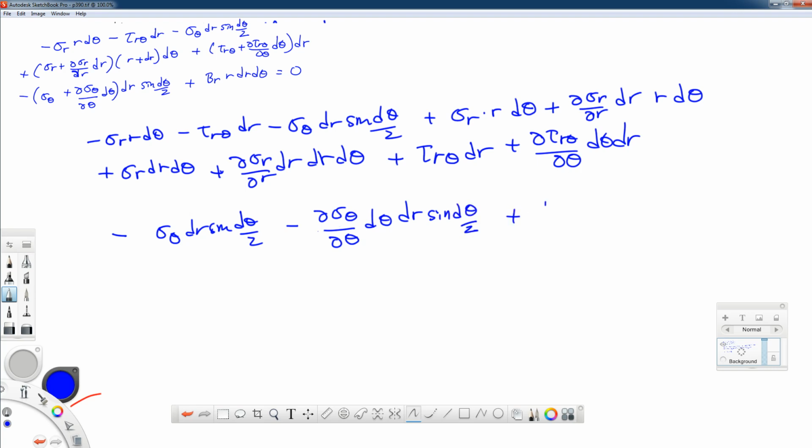And then we're going to have a plus br times r dr d theta equal to 0. Let me check to make sure I have all of those terms right. Okay, I think I have them all in there.